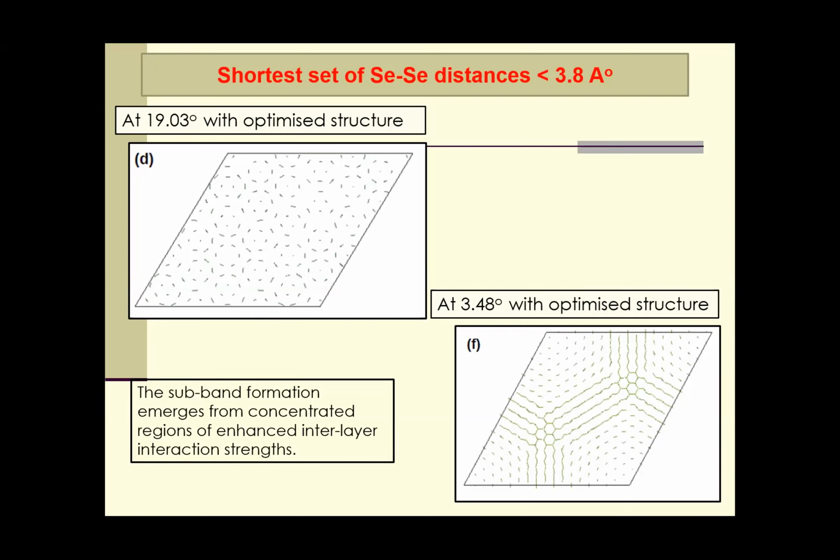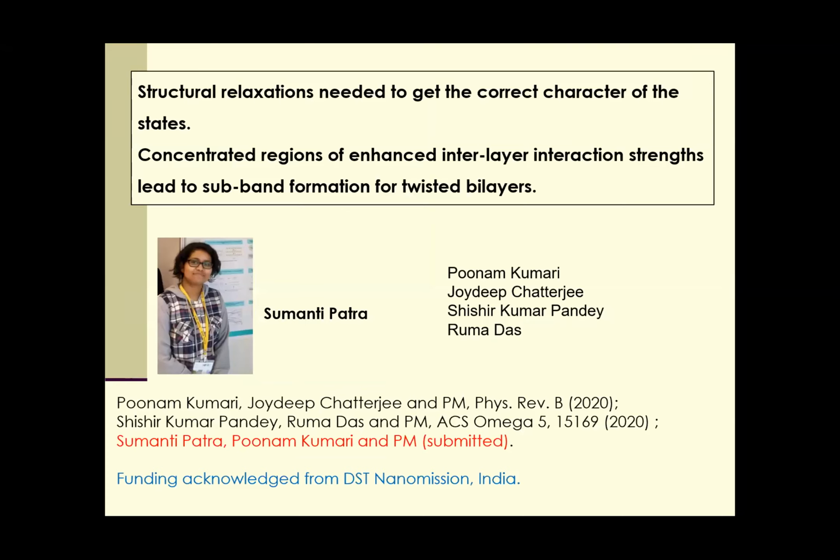So this immediately tells us that the subband formation in this case emerges because we have concentrated regions of enhanced interlayer interactions. With this, I'd like to conclude with two messages. First, we need structural relaxations to get the correct character of the states.